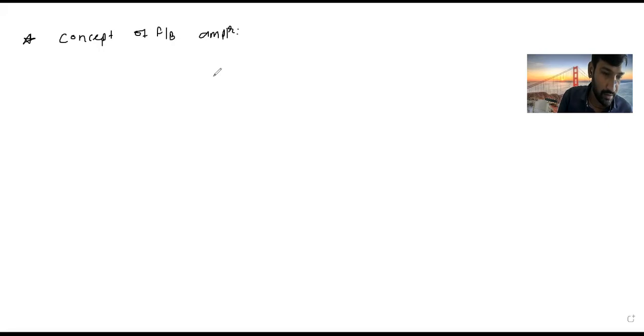Okay, write down this diagram, the concept of feedback amplifier.